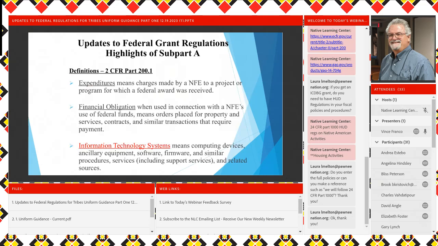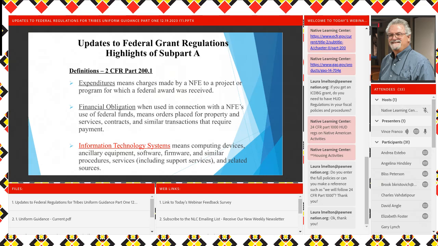All right, we've got expenditures, nothing unusual there. Financial obligation, we all have a financial obligation. We're all responsible for the federal funds. That's why we have internal controls. Information technology system means computing devices, ancillary equipment, software, similar to procedure services.